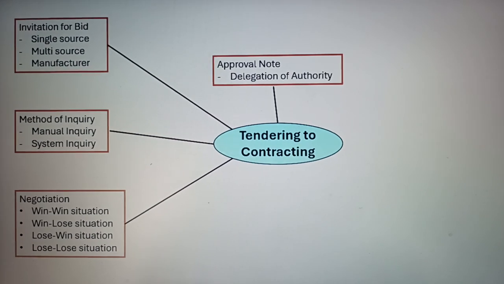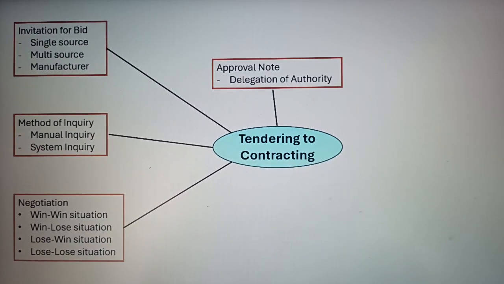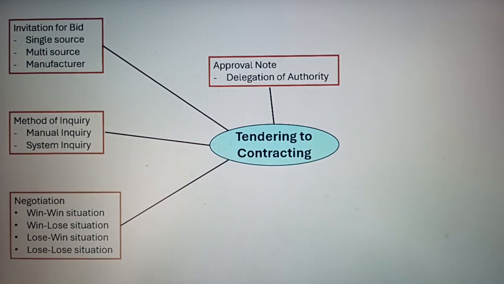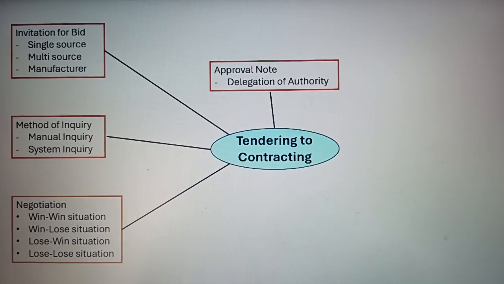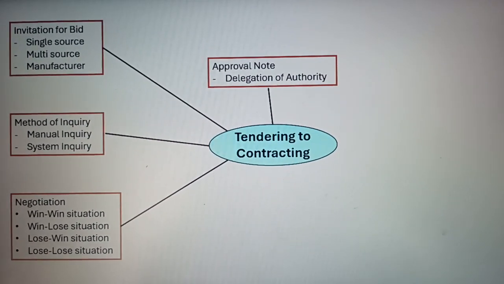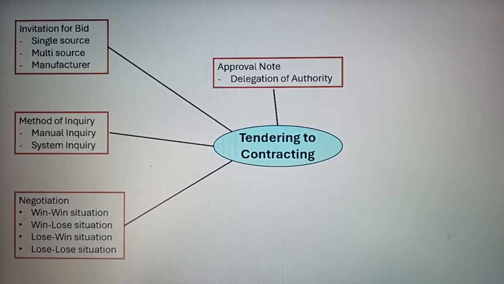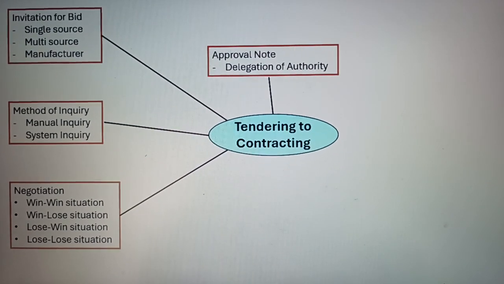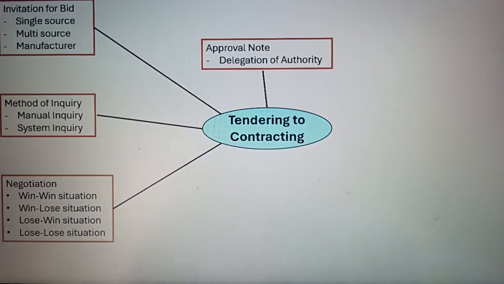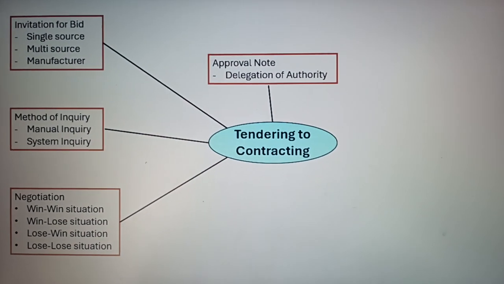They follow all the tendering-to-contracting procedures, but manually, not in the system. But as I told you, the system is the best possibility, because it stores all the data, and if any conflict is raised in future, it is very helpful to get easy access to the system data.